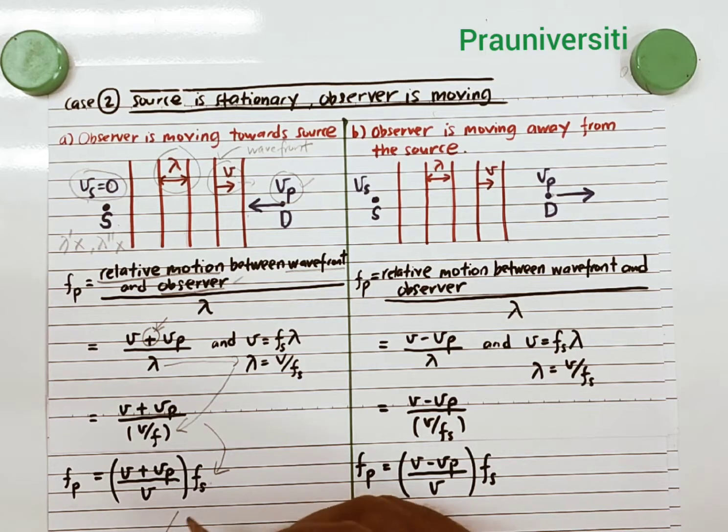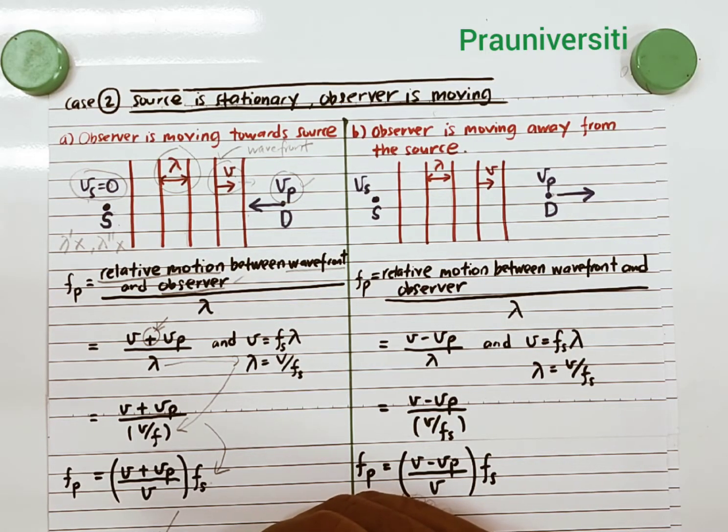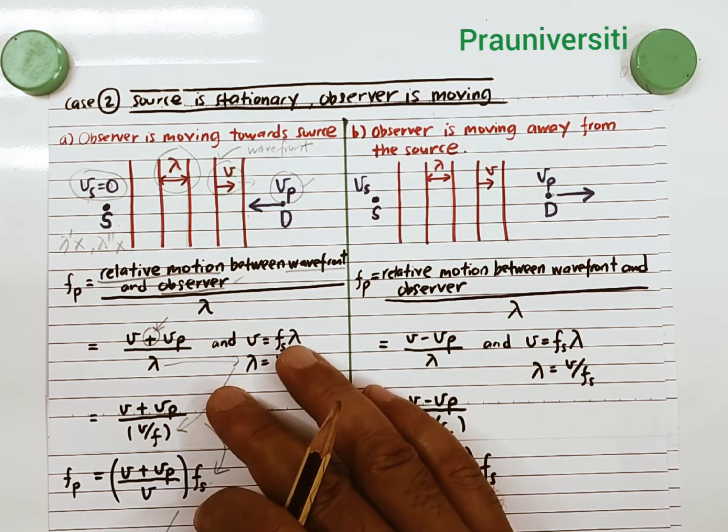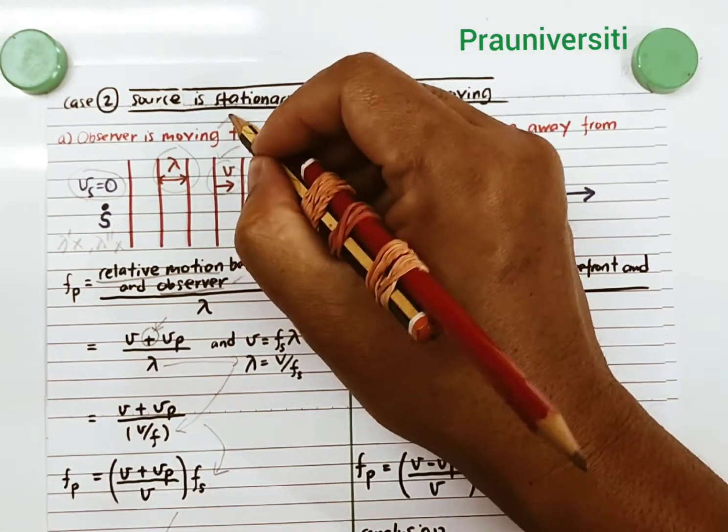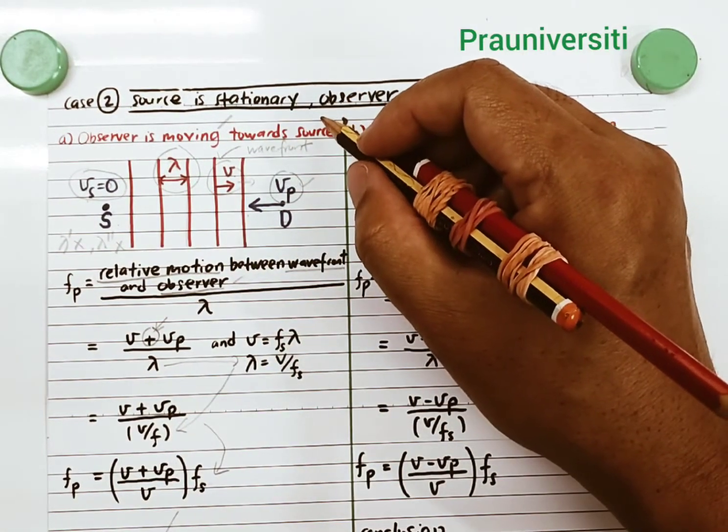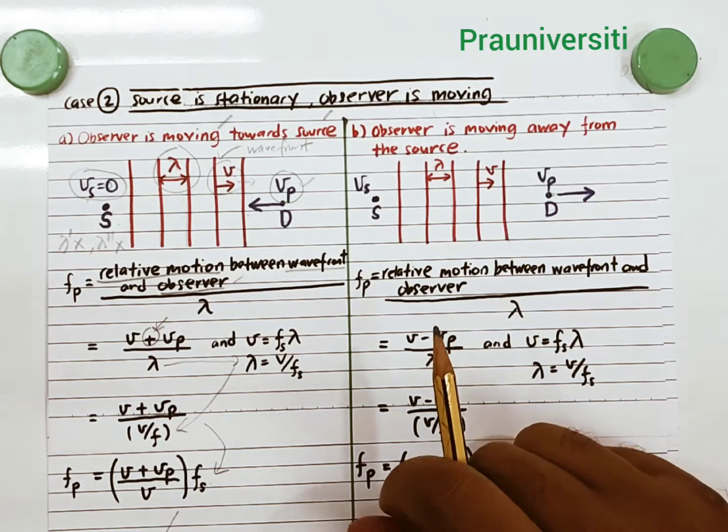So we can say the observer hears a higher frequency compared to the original frequency. Clear, that is case A, the observer is moving toward the source.